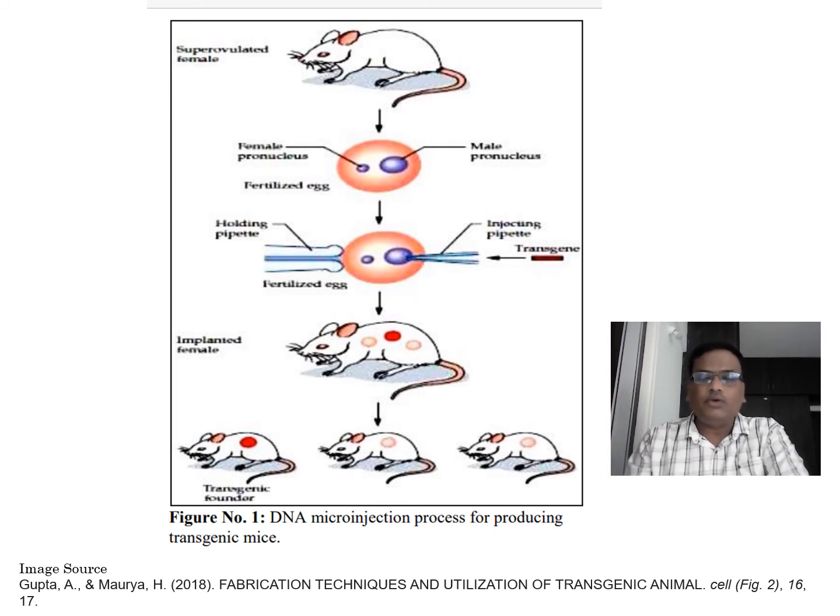The gene is not going to get incorporated into the host DNA in all cases, but a few of the eggs will take up that transgene, and now we have a fertilized egg with the foreign gene in it. They put it back into the uterus of the organism, where it will develop into a full-fledged animal. That is how DNA microinjection is used to produce the transgenic animal.